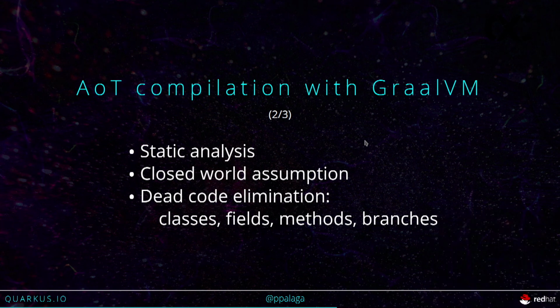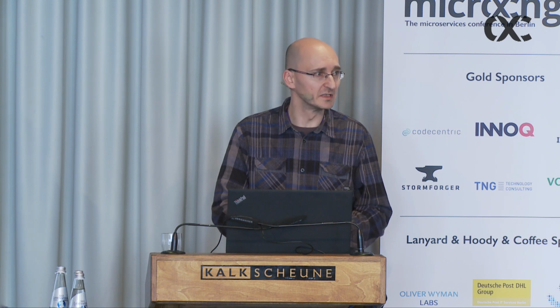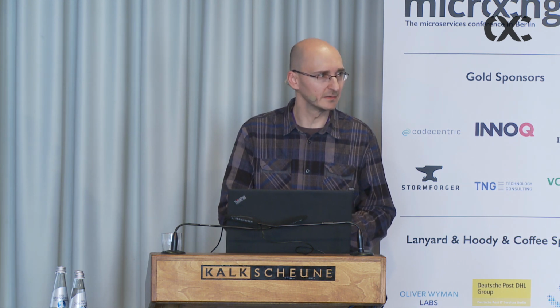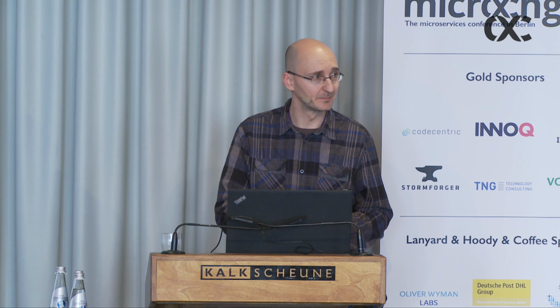And given this assumption, lots of code can be eliminated. And GraalVM is very good at it. It can eliminate whole classes, fields, methods, or even branches inside your code, if it can make the decision that that code is not going to be used at runtime.